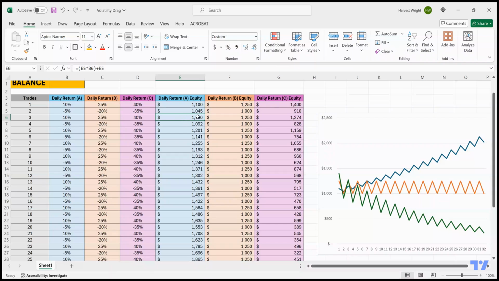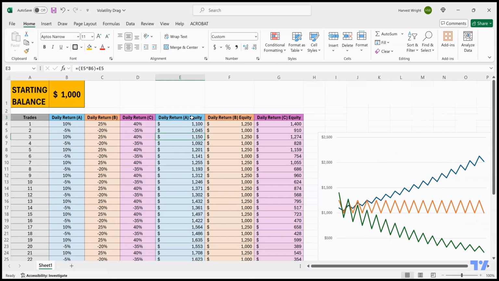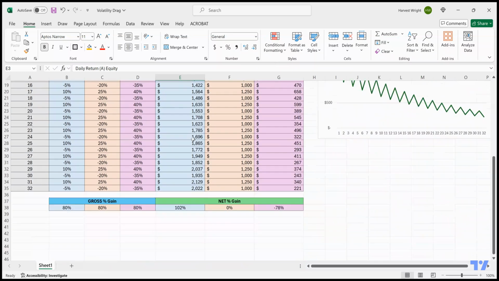Okay, so I'm not going to go through every single number, but let's see what happens to trader A at the end of the 32 trading days or 32 trades, whatever, it doesn't matter. He is at a balance of 2,022, which is a 102% gain from his initial balance of 1,000.